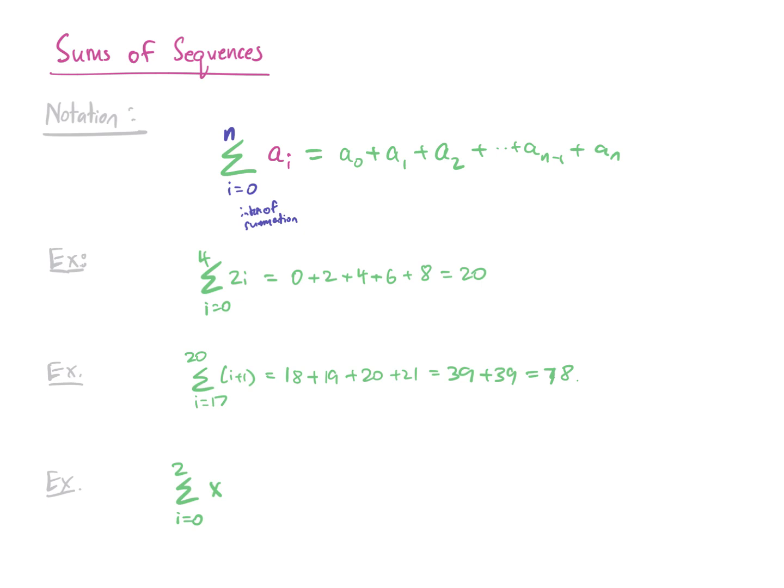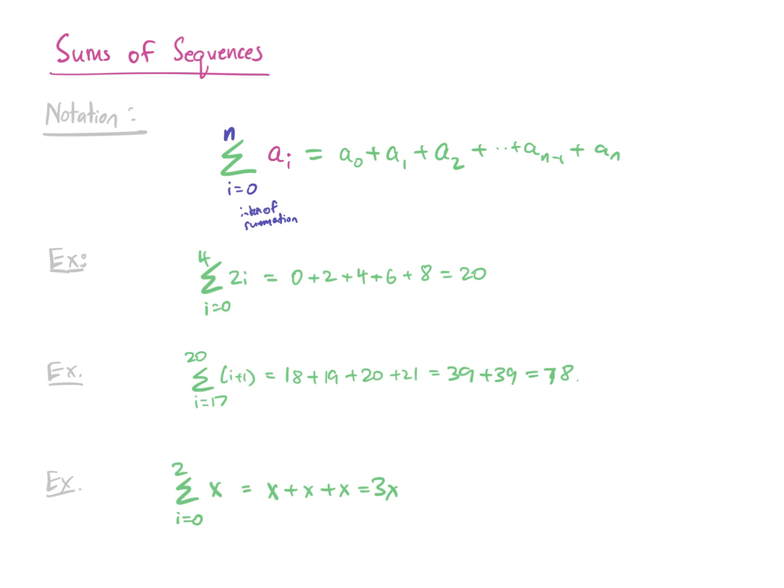And that means that I'm just going to add up 1 copy of x for each of the possible values of I. I have a copy of x for I equals 0, a copy of x for I equals 1, and a copy of x for I equals 2. And so my result is 3x, 3 times x, because I didn't have anything that depended on I inside my summation.